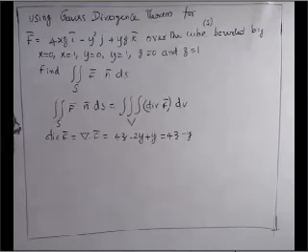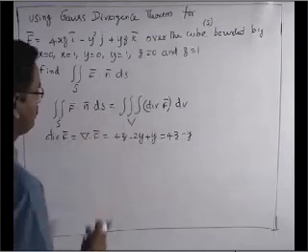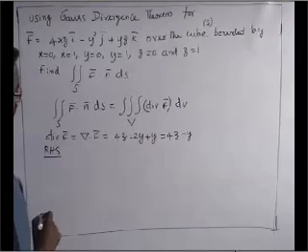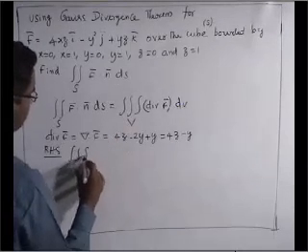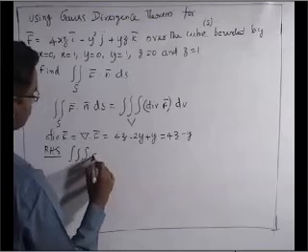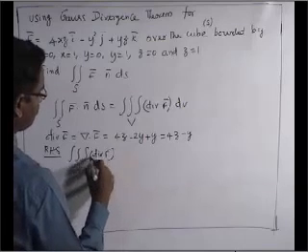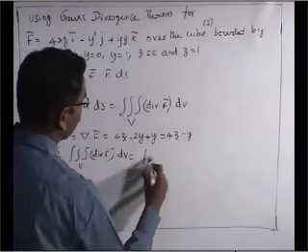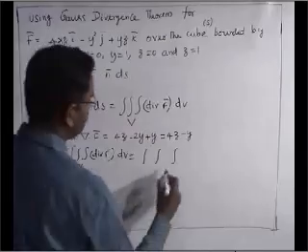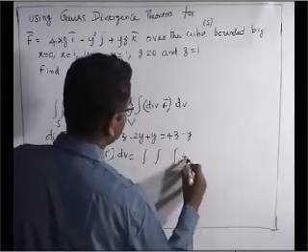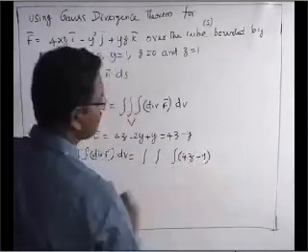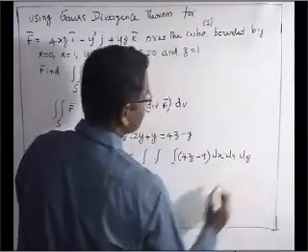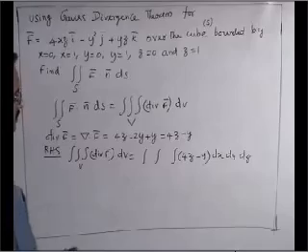So whatever the limits of x, y and z, because it's a 3-dimensional integration, the right hand side of the Gauss Divergence Theorem is triple integral of divergence of F into dV, which is equal to the integral with the various limits for x, and divergence is 4z minus y, and you are going to integrate with respect to all the 3 dimensions, dx, dy and dz, that is your volume.